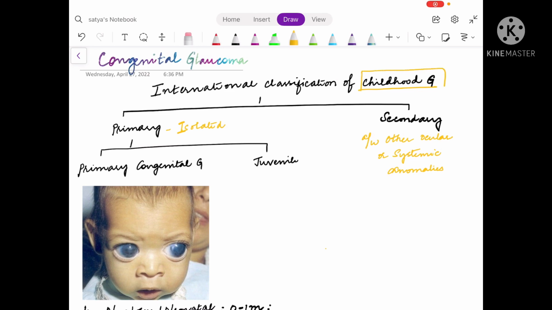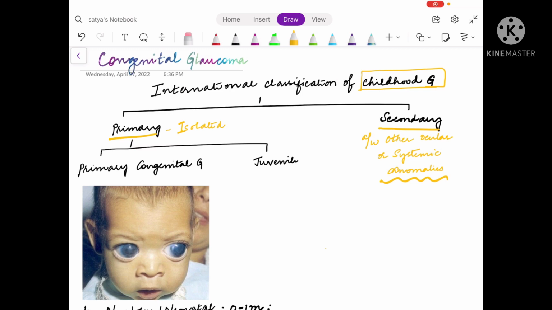So childhood glaucomas are broadly divided into primary and secondary glaucomas. Secondary are the ones which are associated with any other ocular or systemic anomalies, whereas the word primary means the disease doesn't result from any other illness. So it is an isolated glaucoma, and the word congenital says that it is present since birth.